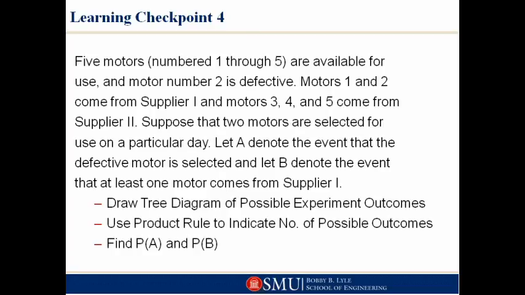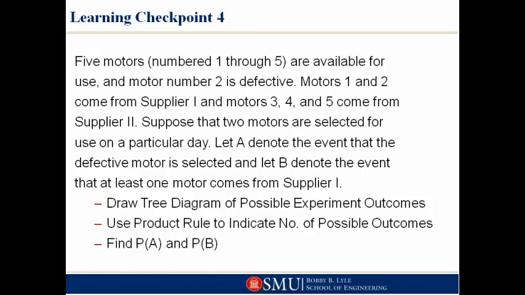Again, 5 motors are available for use, and motor number 2 is defective. Suppose 2 motors are selected for use on a particular day. So you're picking the first motor, then you're going to pick another motor. On each of those, you're drawing a tree diagram associated with that picking. Use the product rule to indicate the number of possible outcomes.